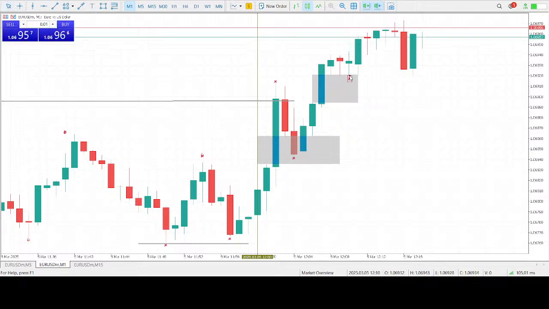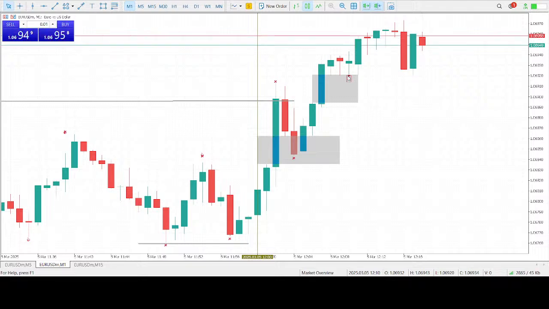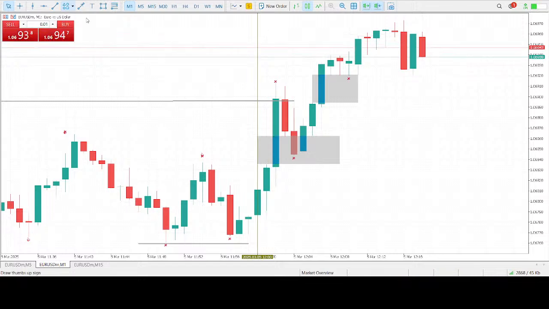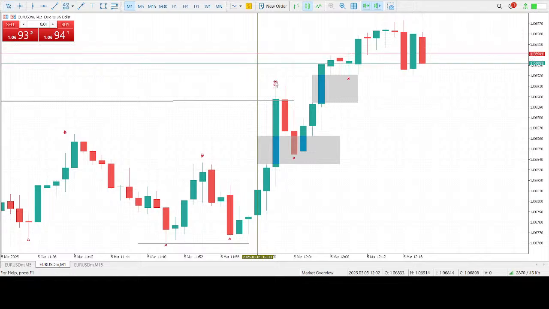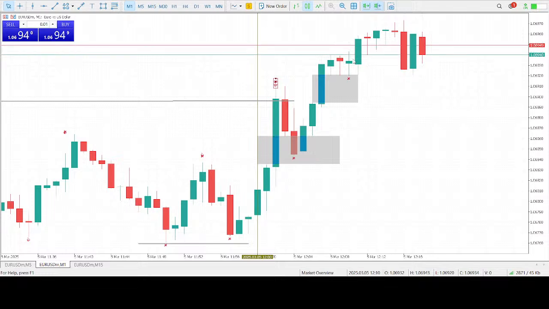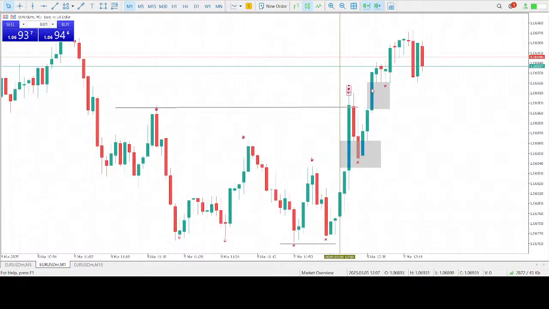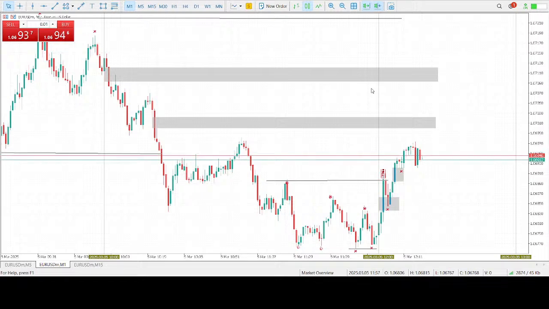We had some right here. We did run out the sellers here. We have taken out their stop losses. Then we have a high at this point. We'll wait to see how price reacts.